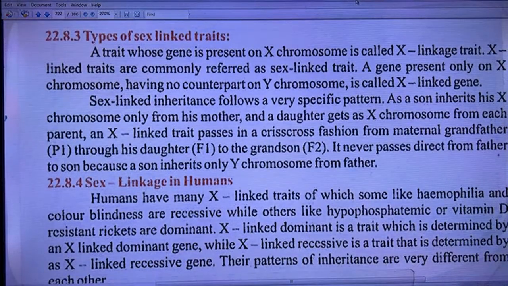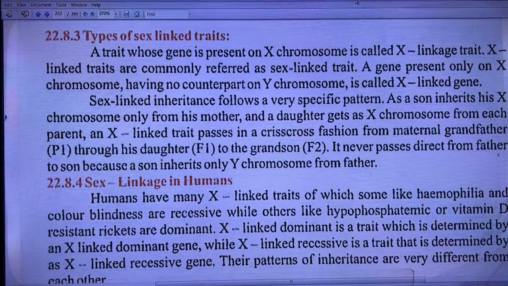Types of sex-linked traits. A trait whose gene is present on the X chromosome is called an X-linked trait. X-linked traits are commonly referred to as sex-linked traits. A gene present only on the X chromosome, having no counterpart on the Y chromosome, is called an X-linked gene.